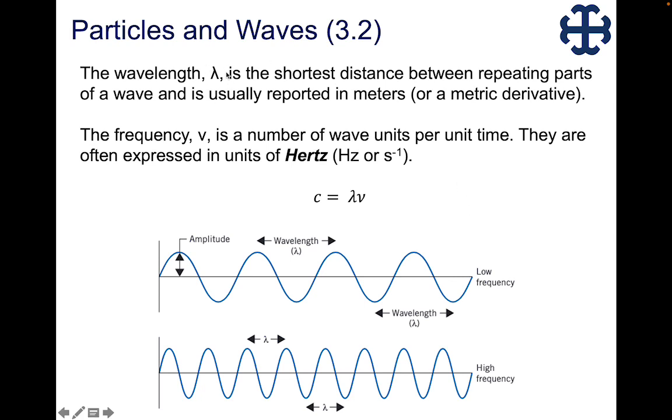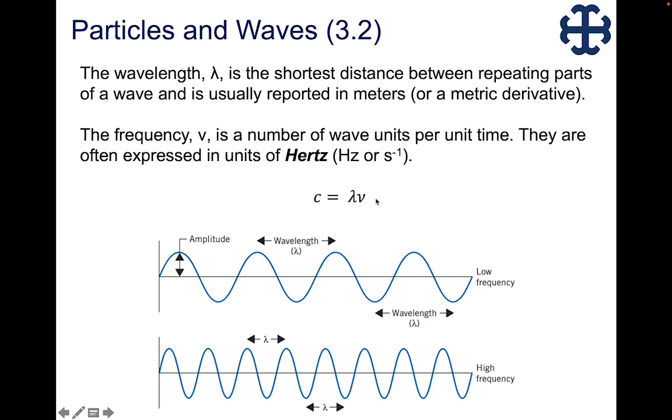That is just the length of the wave, as the name would imply. So typically in units of meters of some sort, whether it be full meters, centimeters, nanometers, can have any sort of modifier there. And then frequency, which is typically in units of hertz, which is equivalent to 1/seconds.